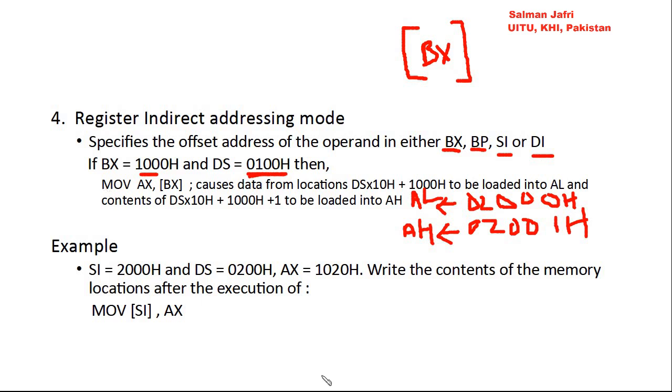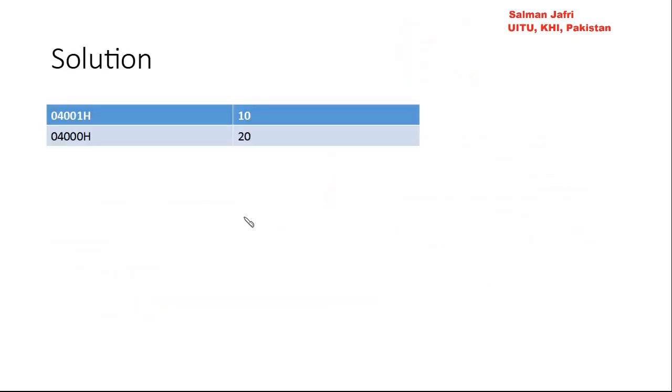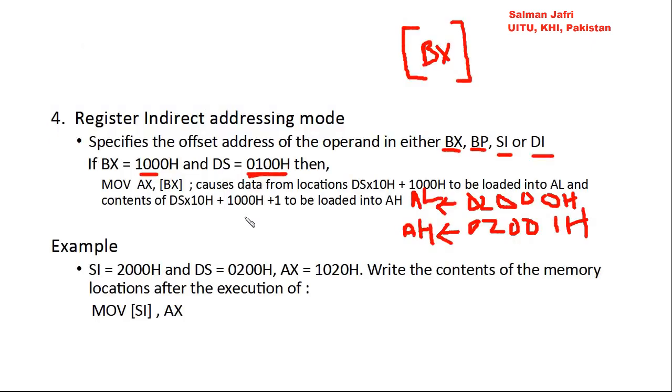Now please solve this. You have to write the addresses and the contents of memory. So this is the answer. Basically AX was 1020H, so this was AH and this was AL.